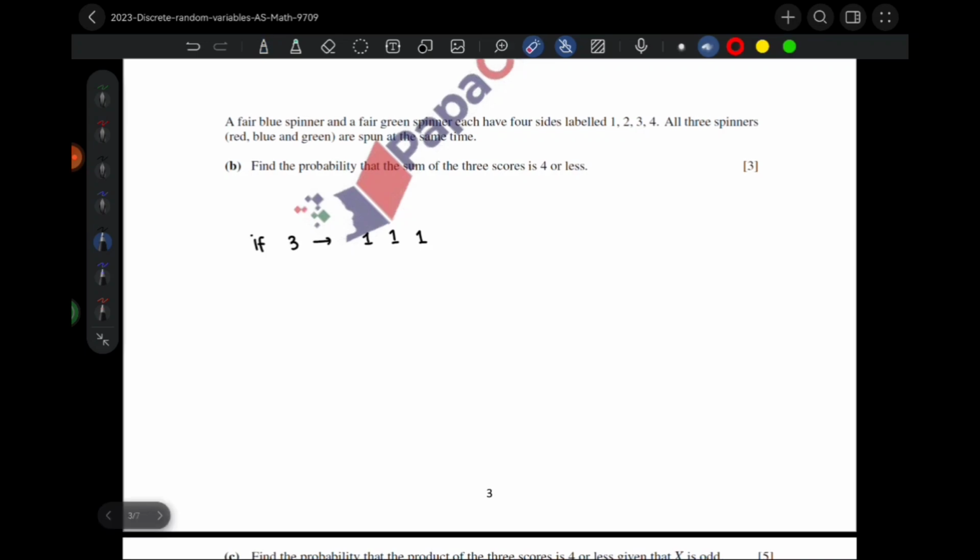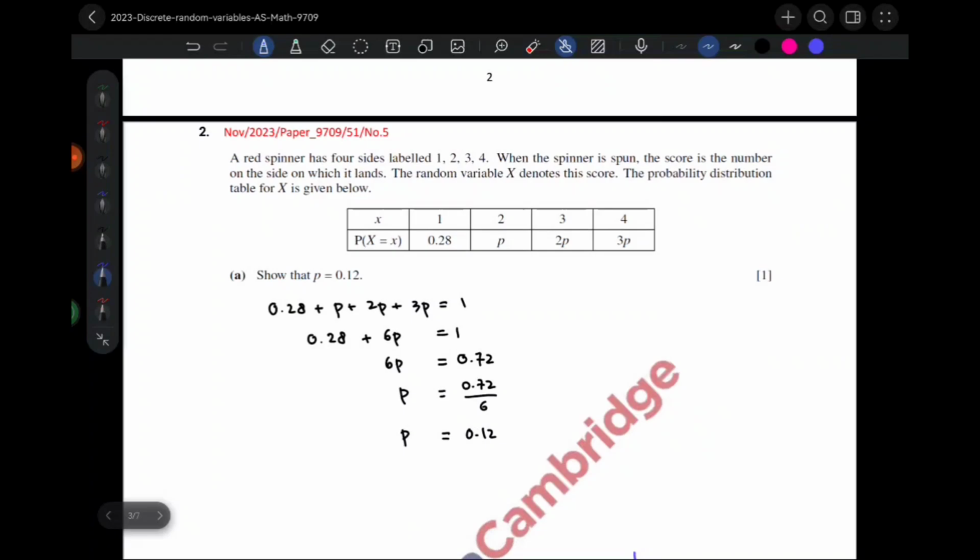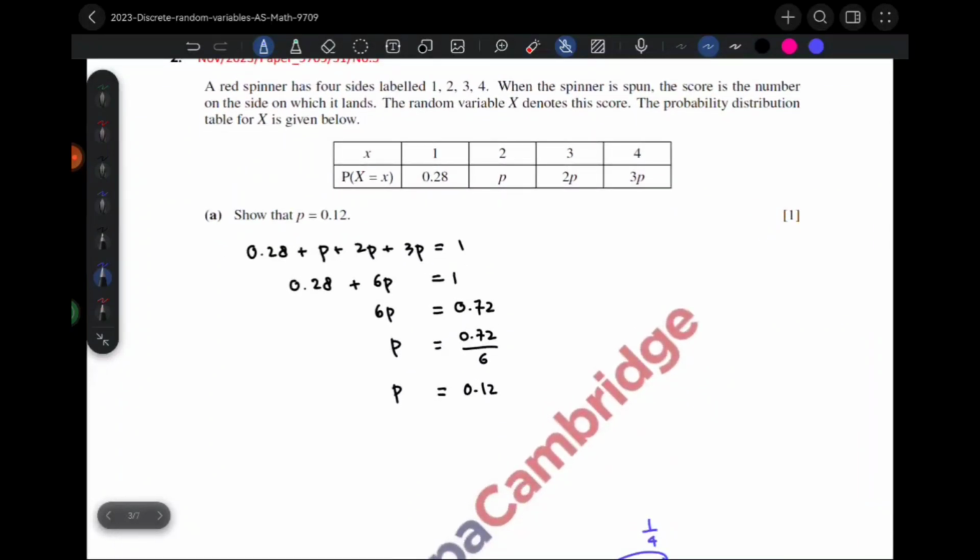Red scores 1, blue scores 1, and green scores 1. And then we multiply the probability of each spinner. Remember, the blue and the green spinners are fair spinners, so each number has probability 1/4, while the red spinner follows the table distribution.